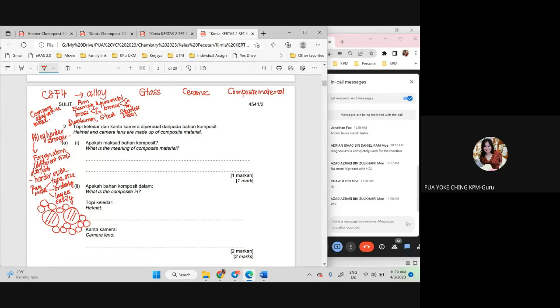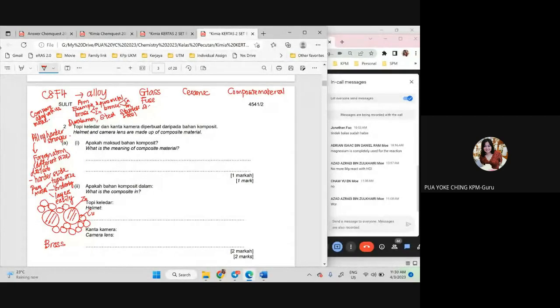And then please label. If let's say this is brass. Okay. So your foreign atom is your zinc. So label this is zinc. This is Cu. Okay. So this is alloy. So glass. Glass ada 4. You have fused glass.